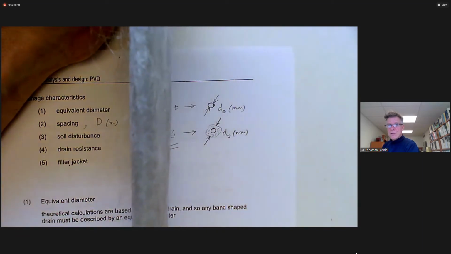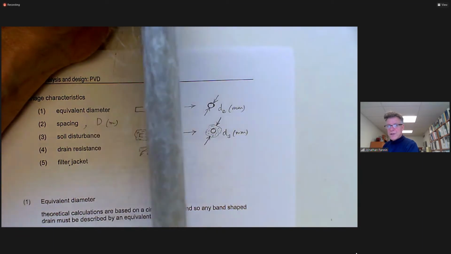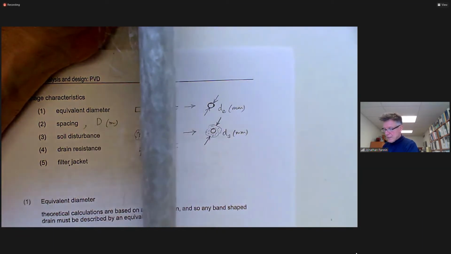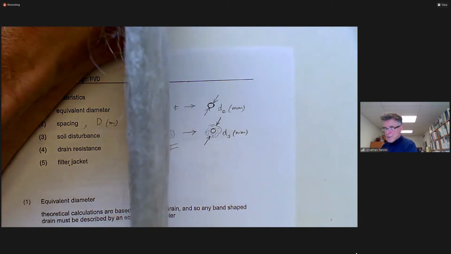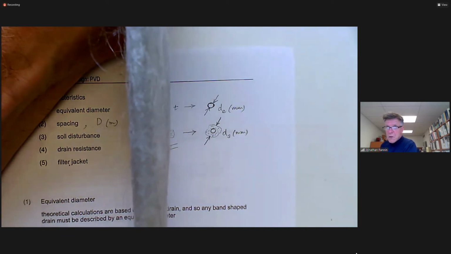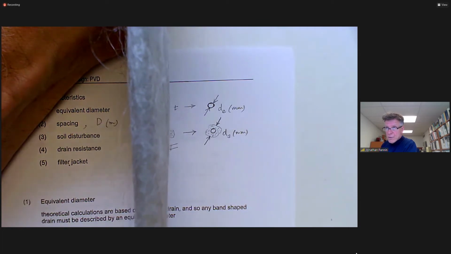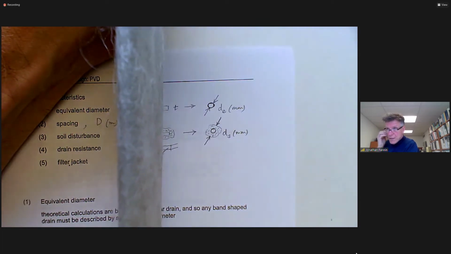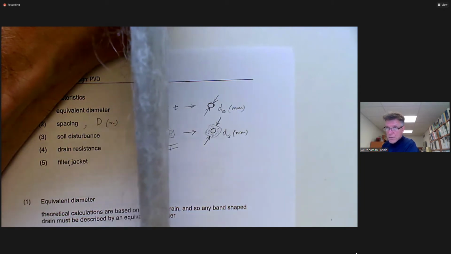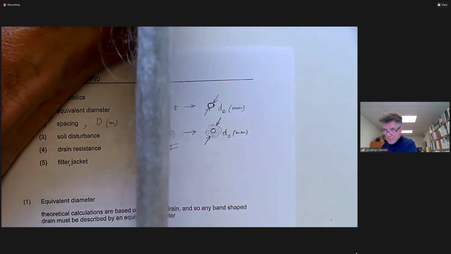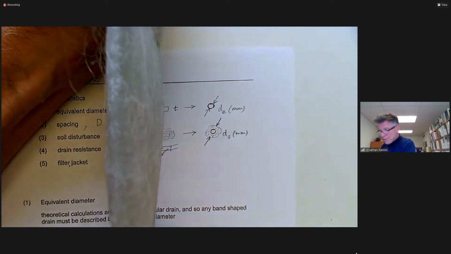Can you imagine you've installed this? Maybe it's a little off vertical, maybe it's beautifully vertical. And then you have consolidation settlement. In that Vernon location with the length of the drains that were 24 meters, there were 3 meters plus of settlement, an enormous settlement. And can you imagine what that's doing?